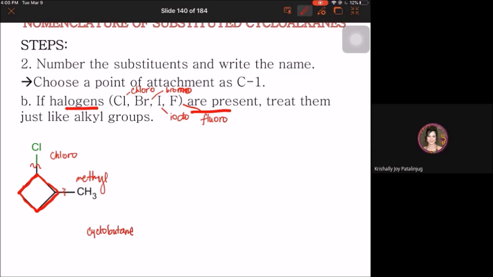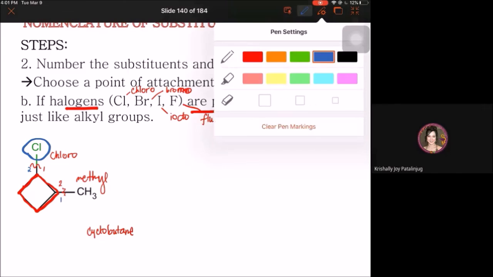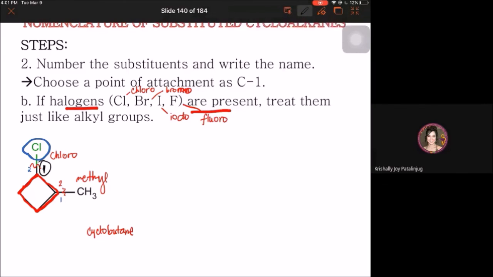We can use 1, 2, then 3, 4, and so forth. You get 1 and 2 either way, so follow case A, alphabetical. Chloro comes first, so it is carbon 1, then carbon 2. The name would be 1-chloro-2-methylcyclobutane.